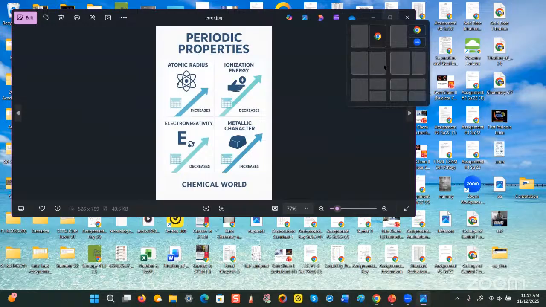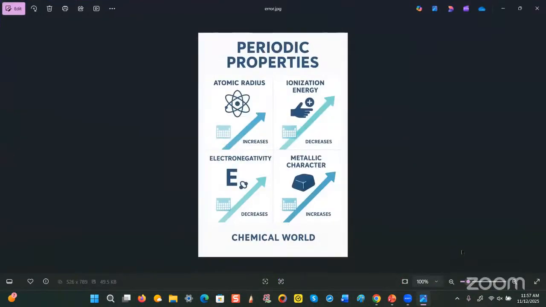It just so happens, and I said I must show you guys this. This is a summary of the trends that we just talked about, but one of them is wrong. Can you tell me which of these is the incorrect one in terms of the trends? Exactly, this one right here. What did we say about the metallic character? It decreases as it goes upward.